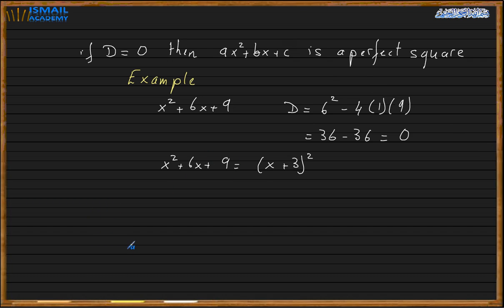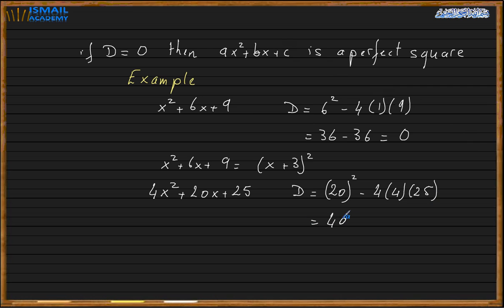For example, if I have 4x squared plus 20x plus 25, my discriminant is 20 squared minus 4 times 4 times 25.